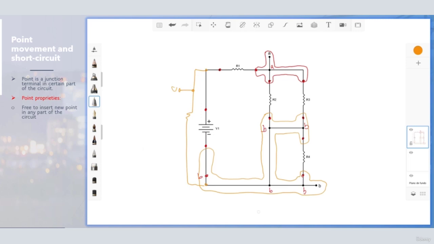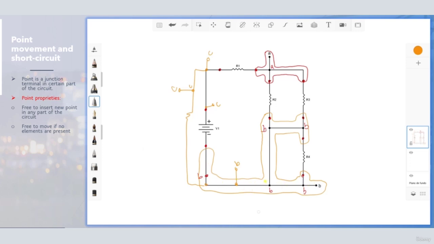And the second property is that a point is free to move on a cable if no obstacles are present. That means this point C, I can move because this is the same point here. I can move this point C to here or move it to here. And also the point B, I can move this point B to this point because this is the same point.